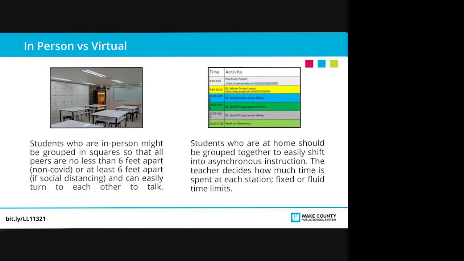If we have to incorporate social distancing, then obviously those squares are going to be spread out a little more, but there would still be some collaboration and communication amongst the students so that they can turn and talk, they can ask questions.